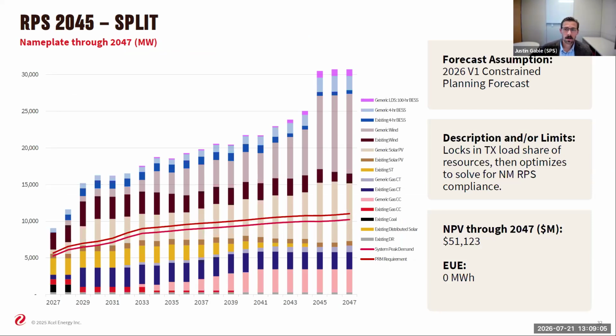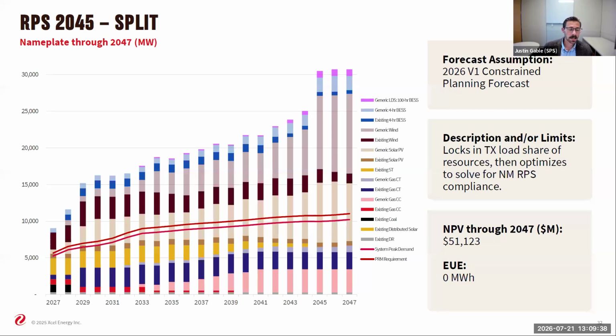So in this scenario, we are locking the Texas load ratio shares of the thermal resources, and the New Mexico thermal resources we remove. And when we do that, we re-optimize, allowing only renewables and non-carbon emitting resources. It includes the RPS requirement of 50% to 80%, and then at 2045, we are also considering this 100% REC requirement, but we are not allowing additional thermal resources.